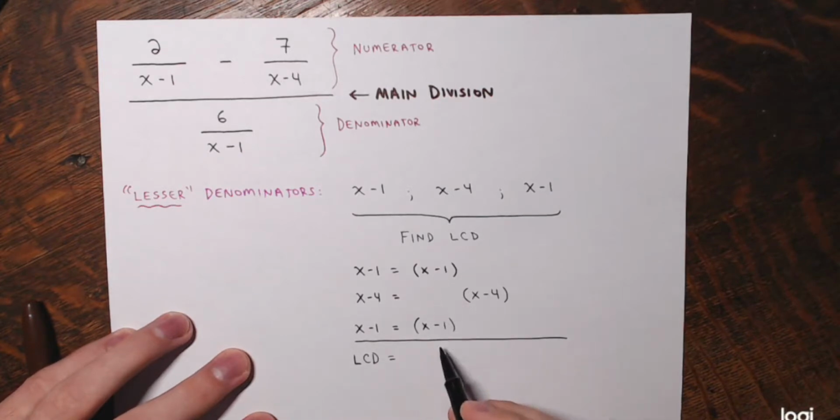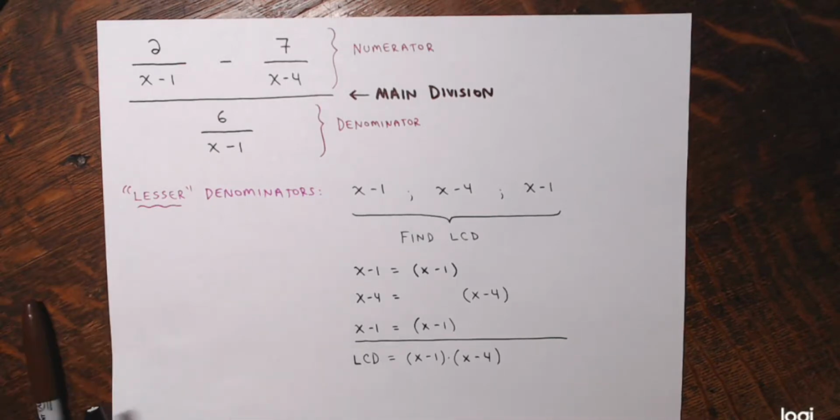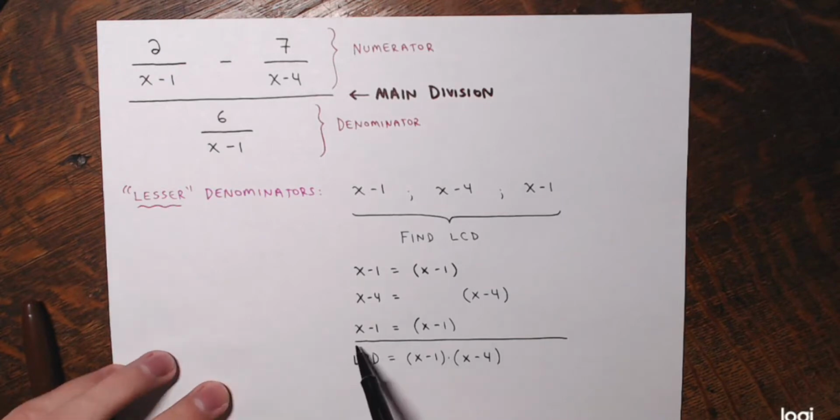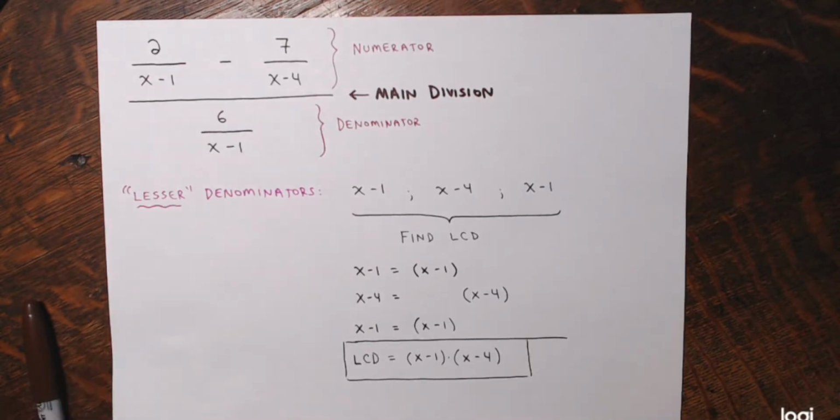It'd be x minus 1 column, so x minus 1 is going to be a factor of the LCD times the x minus 4 column here. And there we go, there's the LCD. Once again, I'm not going to do this for every single problem. I'll just state the LCD in the future.